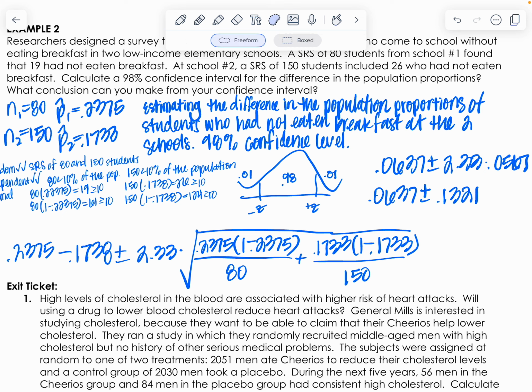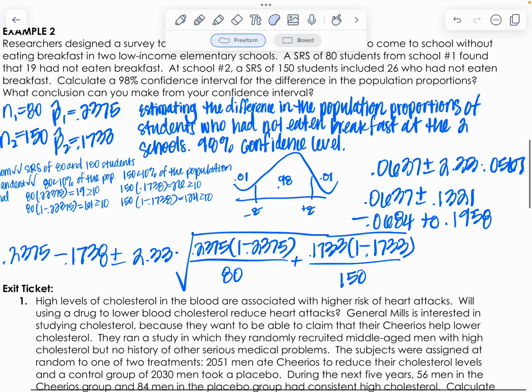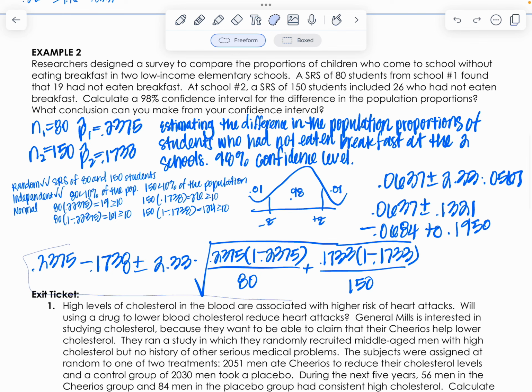Okay. So now when we subtract, 0.0637 minus 0.1321 is negative 0.0684. If we add, we get 0.1958. Interesting. Okay, so now let's shrink this work down so we can interpret.